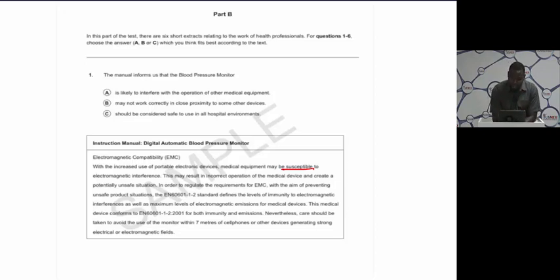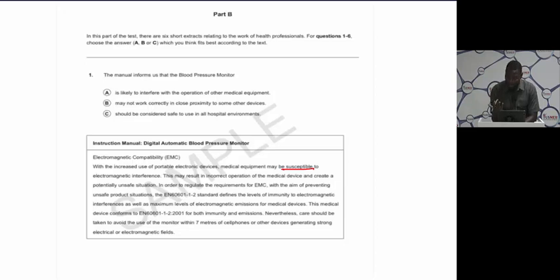The standard defines the levels of immunity to electromagnetic interference as well as maximum levels of electromagnetic emissions for medical devices. It says this medical device conforms. If you say something is conforming, that means it is following that particular instruction. It is obeying, going along with this particular standard for both immunity and emissions.